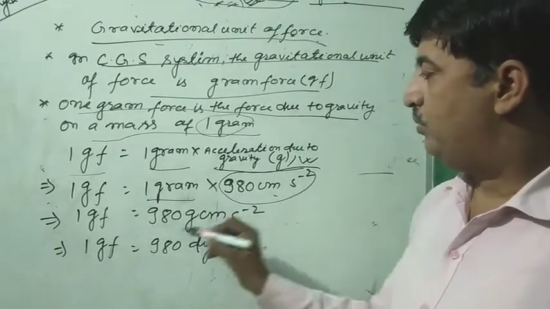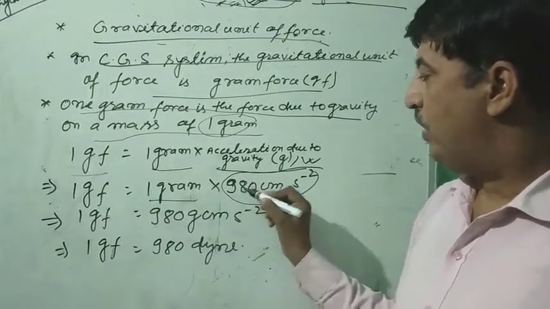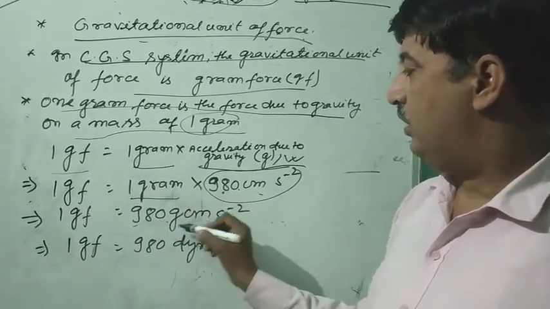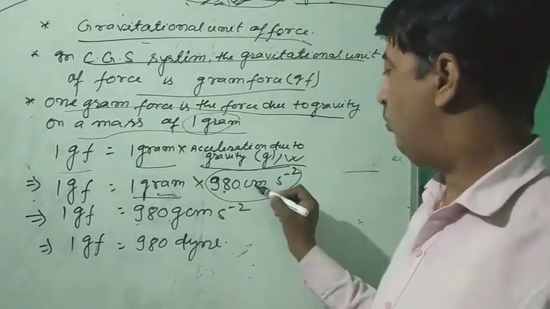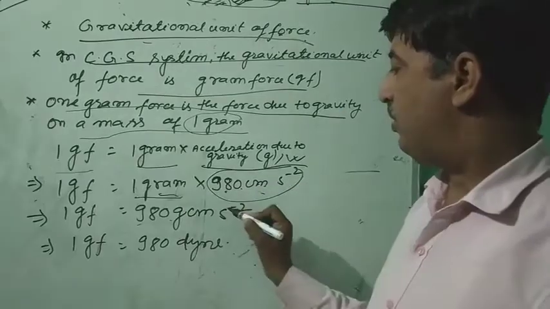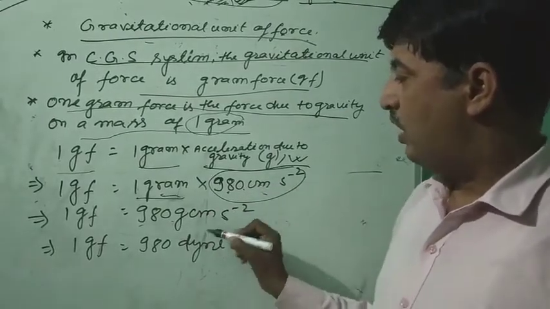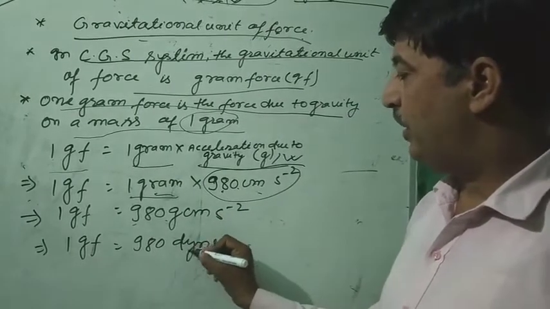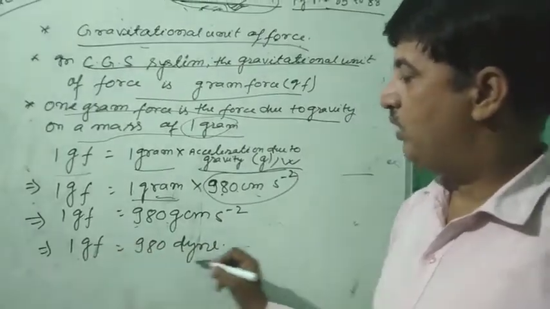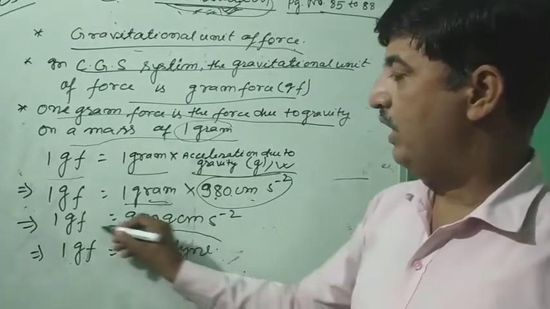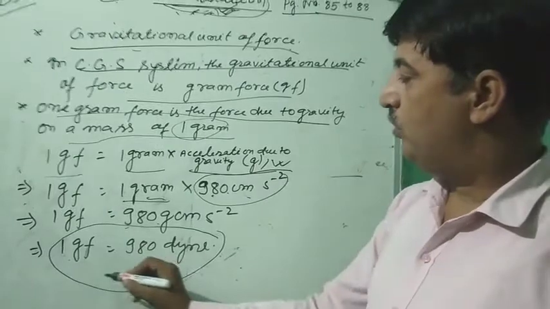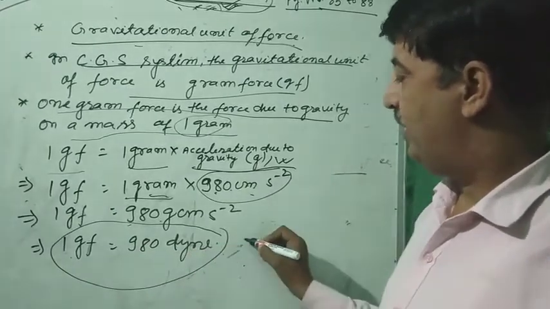So 1 gram force is equal to 980 gram centimeter per second square, and 1 gram centimeter per second square is equal to 1 dyne. So in CGS system, 1 gram force is equal to 980 dyne.